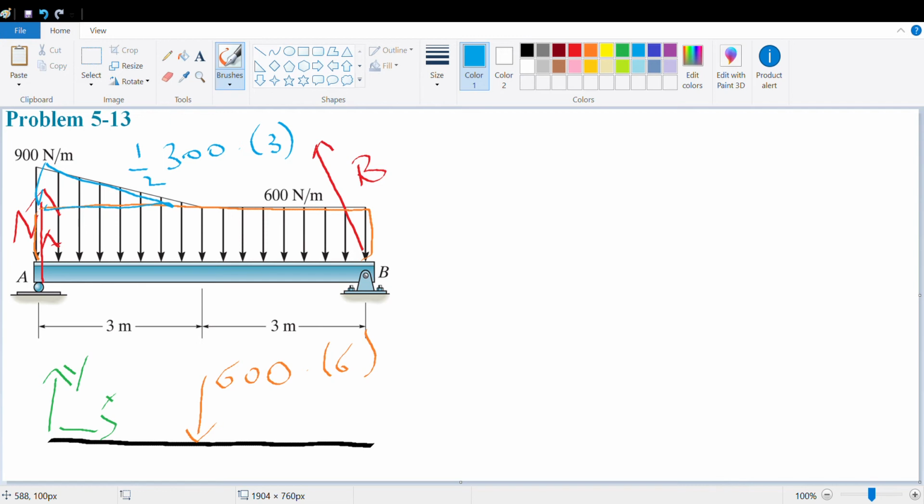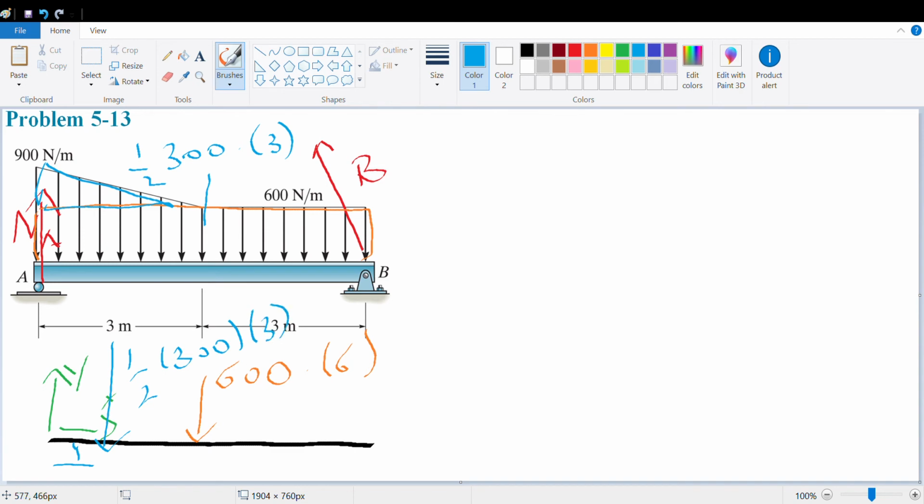And the point of application is at 1/3 from the origin, or is 2/3 from this point. So I'll put it here, and this distance is 1 meter, and this is that load, so it's 1/2 300 times 3.